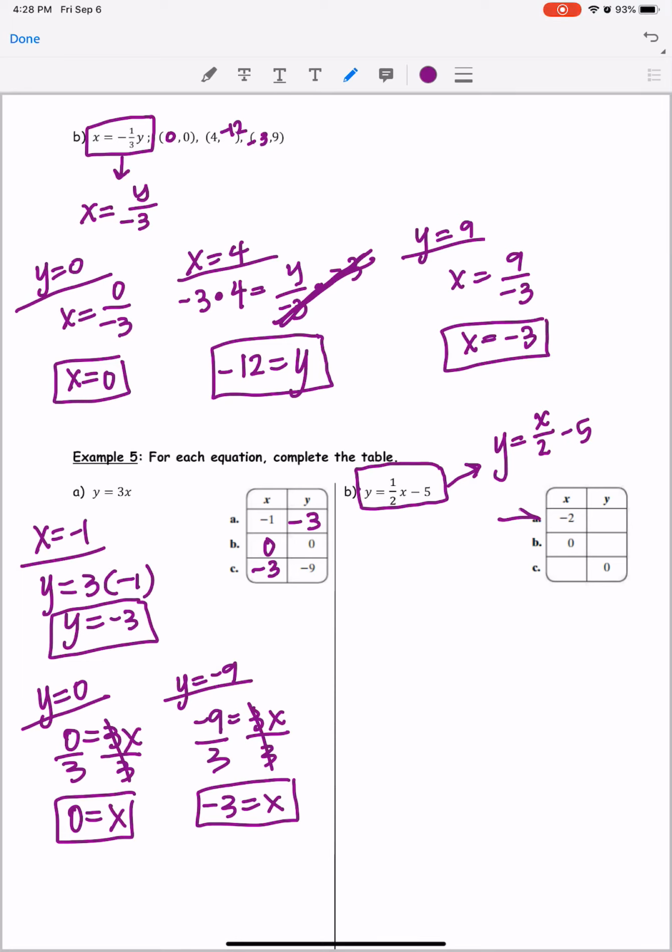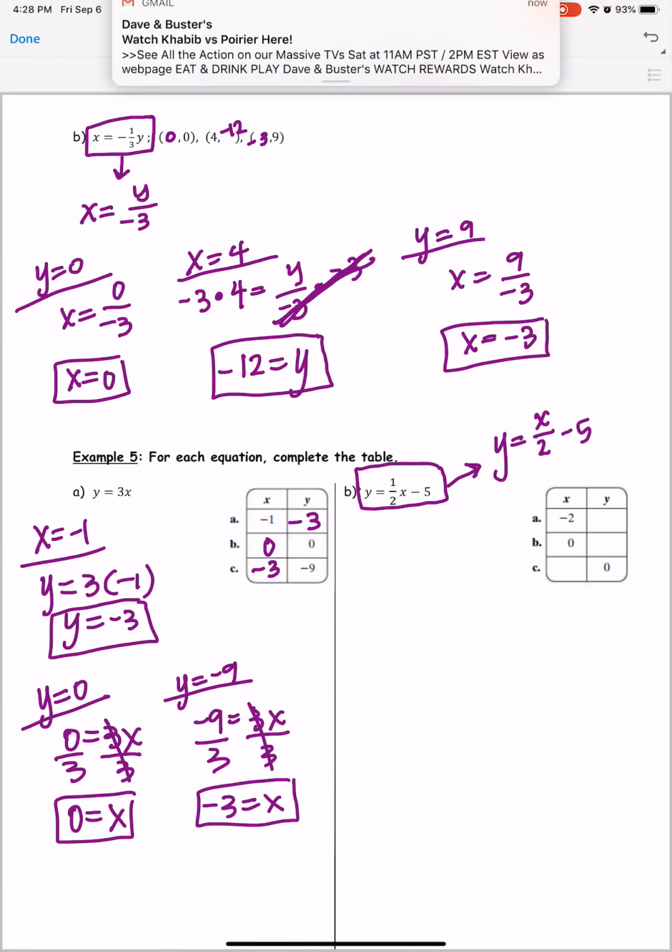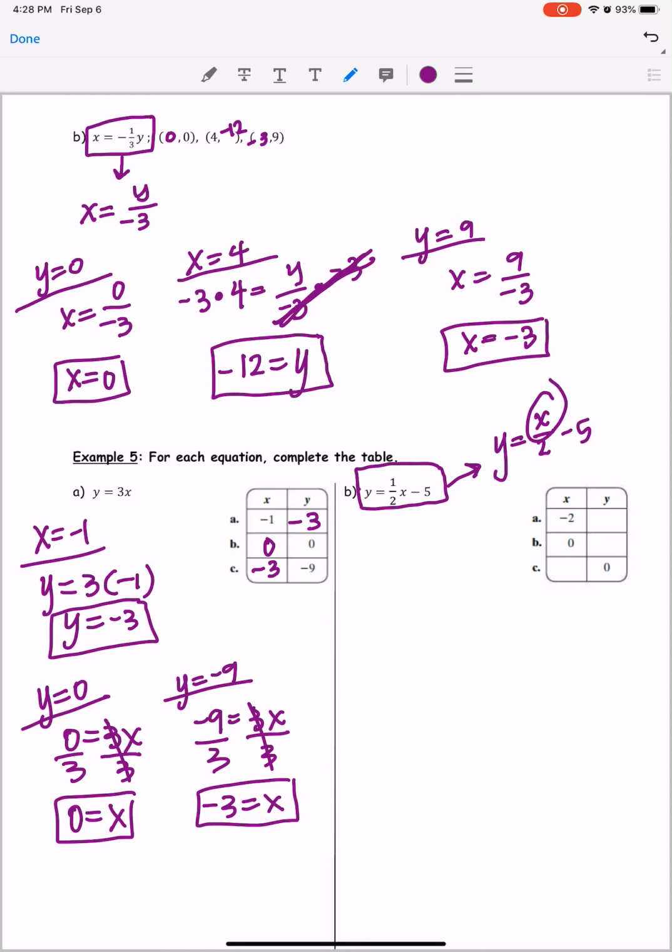So on part A, they're telling you x is -2, so plug that in here. So when x is -2, we get y equals -2 divided by 2 minus 5. -2 divided by 2 is -1. And -1 minus 5 is -6.